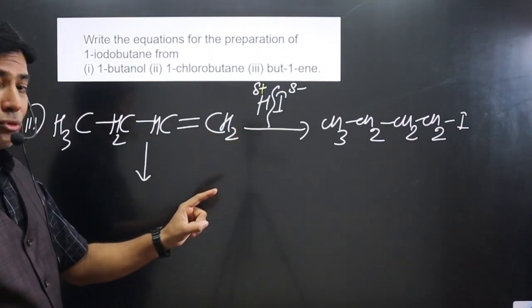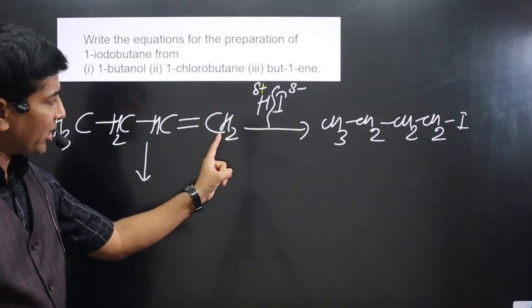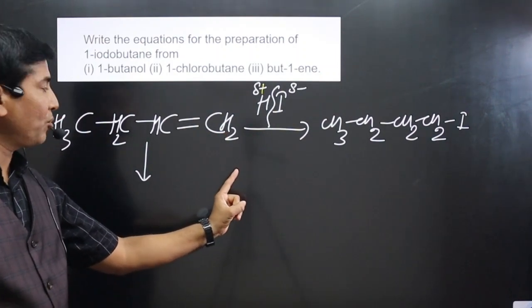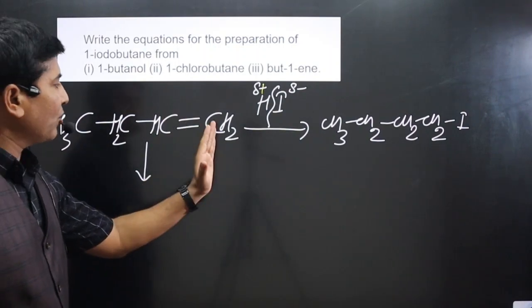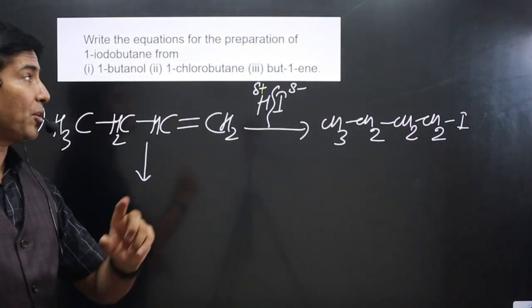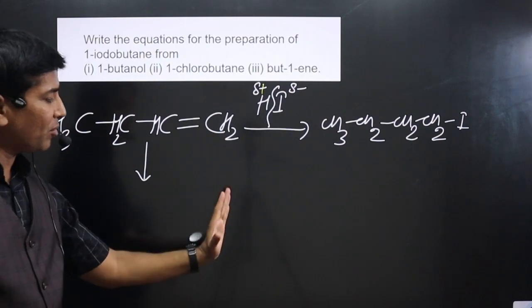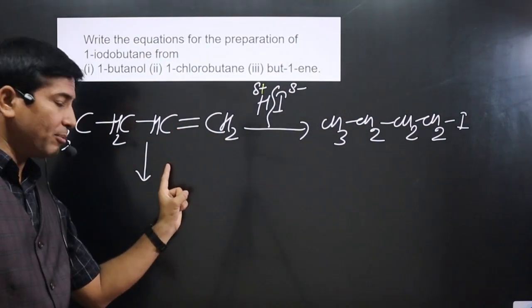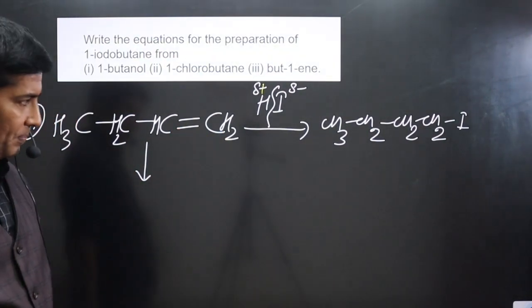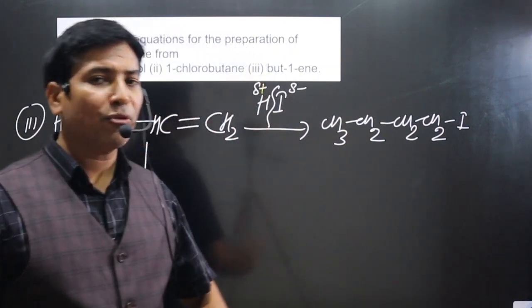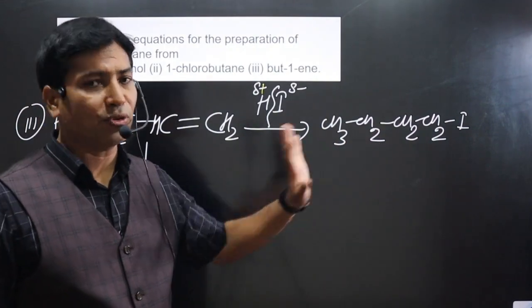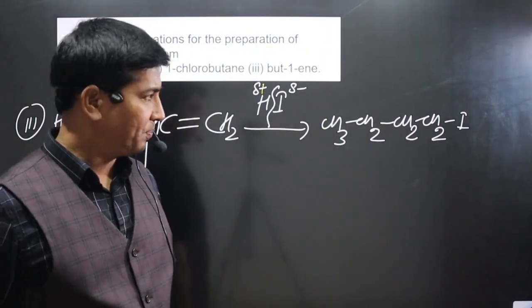So Br will go to the carbon having more hydrogens. Br will attach here, so we get 1-bromobutane, like we got 1-chlorobutane. I'm telling the methods, we can follow a number of methods. Then you can carry out the halogen exchange reaction and you will get 1-iodobutane. So this reaction is possible.